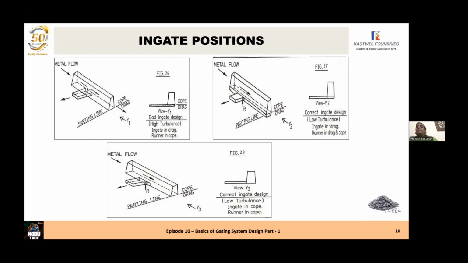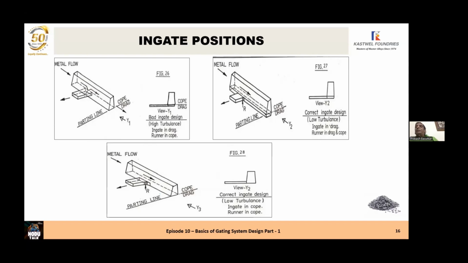Now, if you have to put the ingate in the drag for the casting and the runner is in the cope, then as the metal enters the runner, the metal flow is disturbed. At the ingate, which is below the runner base, the metal direction changes. And whenever the metal direction changes, turbulence is created.